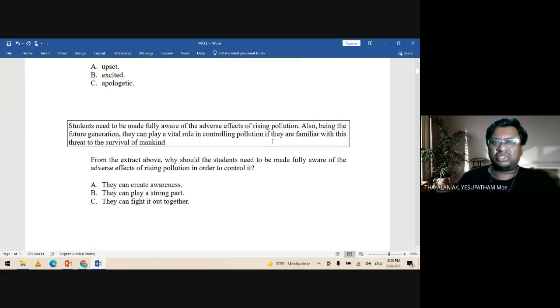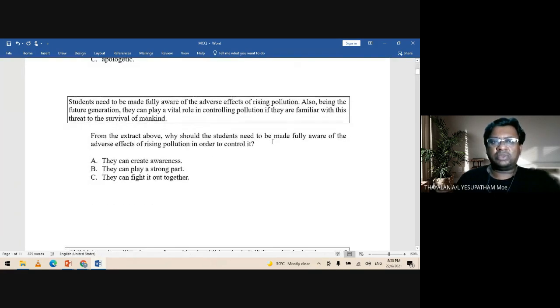We have a lot of questions to see. Now, this question. Okay, sorry, this was my mistake. We need to read the question first, right? From the extract above, why should the students need to be made fully aware of the adverse effects of rising pollution in order to control it?